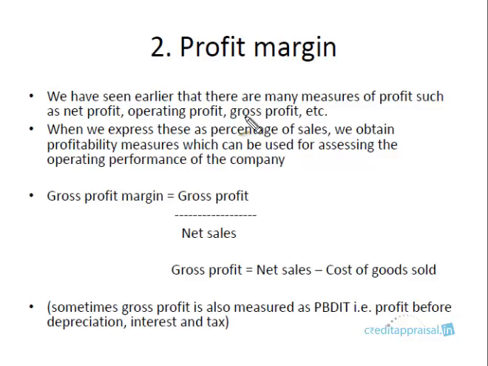The first profit you have to focus on is the gross profit. That divided by sales gives you the gross profit margin. Sometimes gross profit is also measured as EBITDA, that is, profit before depreciation, interest and tax.